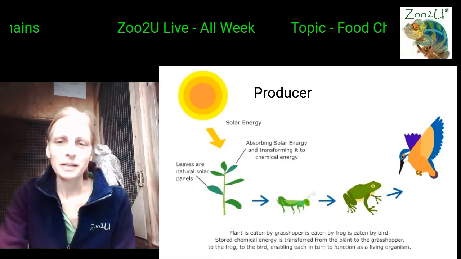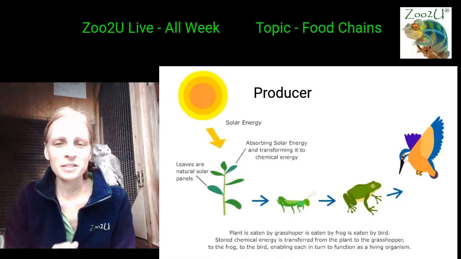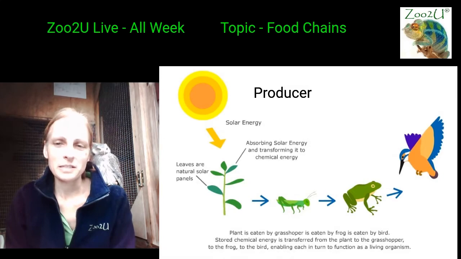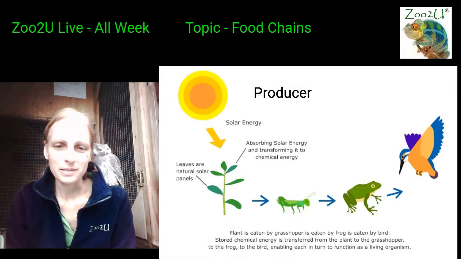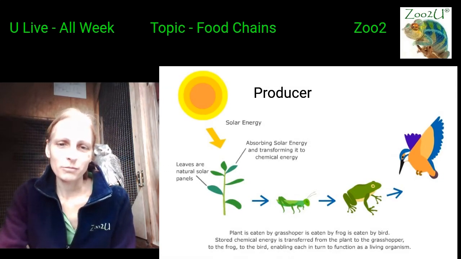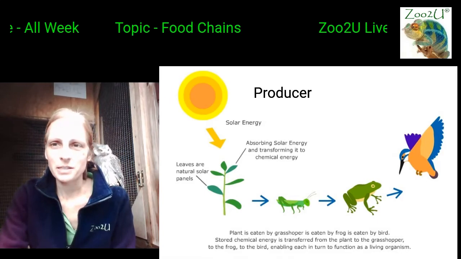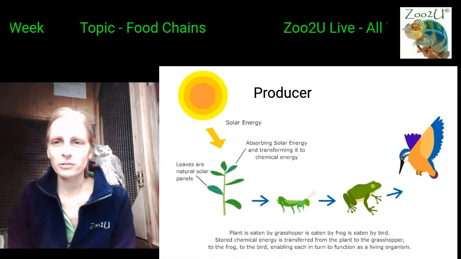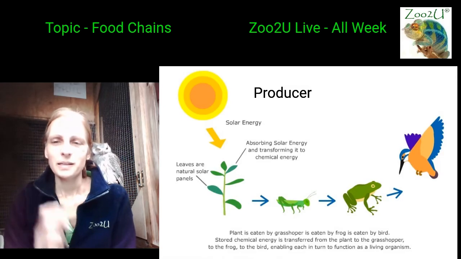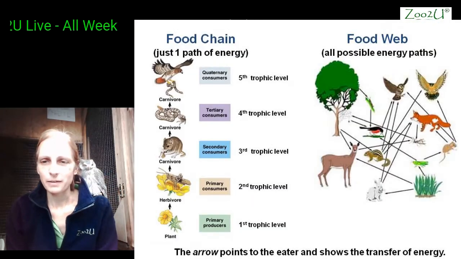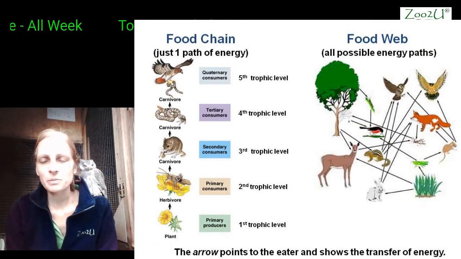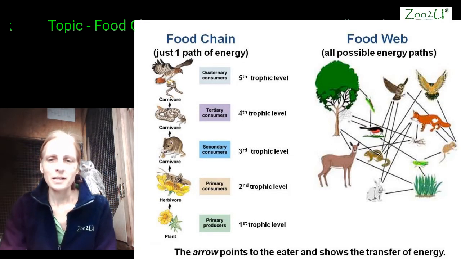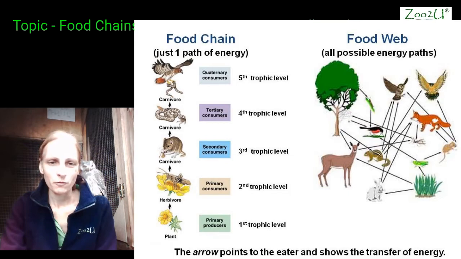So if you have a look at this diagram here, this is the sort of thing that we'd like to see in your food chains. And if you are really, really creative and fancy having a go at creating a food web, here is the food web again. So you can see there's lots and lots of arrows pointing to lots of different animals, because animals, like I said, don't just eat one type of food.